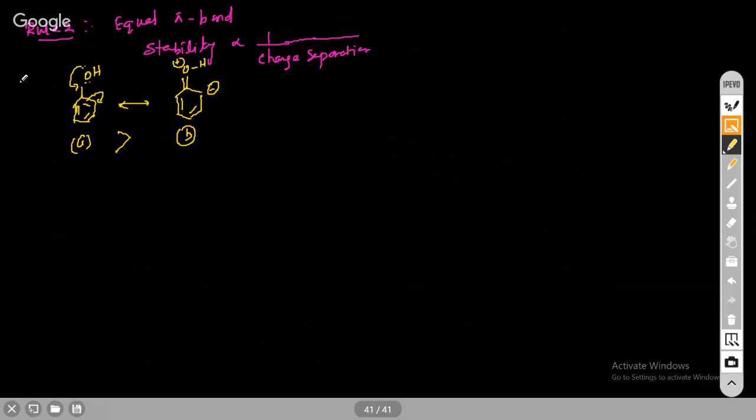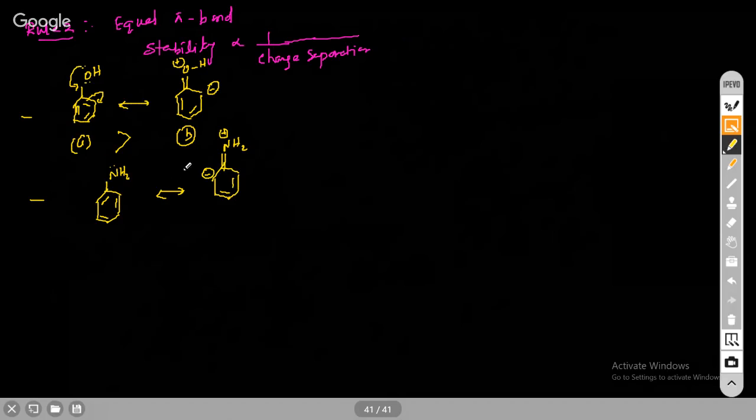Another one you see, if I take aniline, tell me the stability of these two. NH2, lone pair on it. Double bond NH2, positive, and then we have double bond negative.